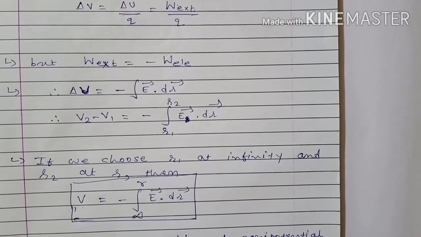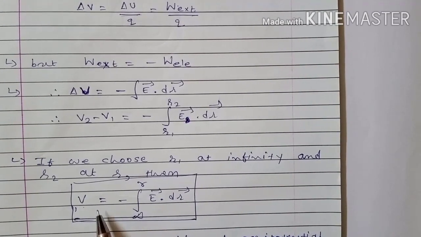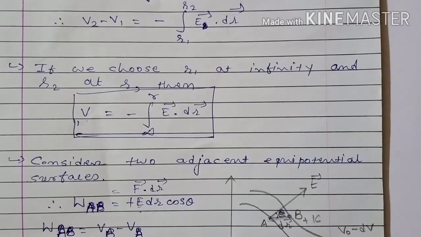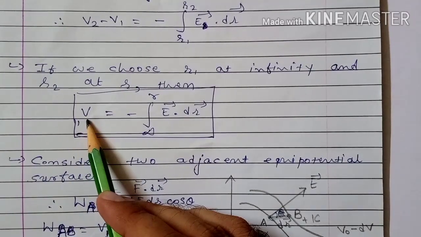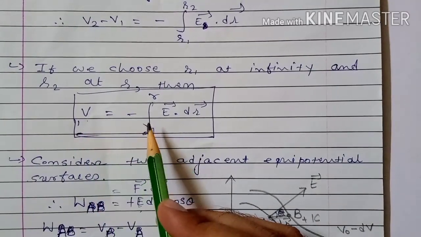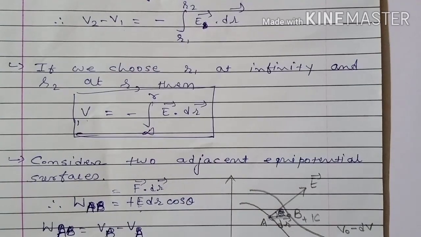So potential at any point is given by this relation: V is equal to minus integration infinity to r E vector dot dr vector. From this relation we can get electric potential using electric field. Can we get electric field using electric potential?